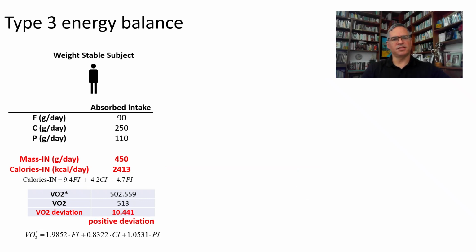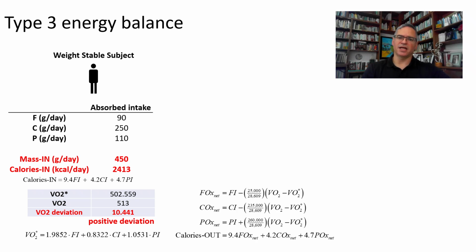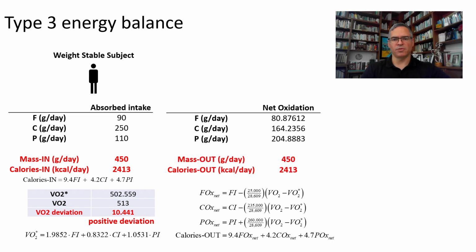The data in this slide is still the same as before, but now the subject is under type 3 energy balance, since its average VO2 is greater than the average VO2 asterisk. Again, if this data is fed into the equations, we obtain the balance of energy and mass as shown in the next table.